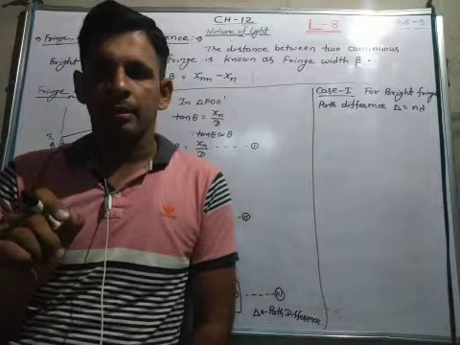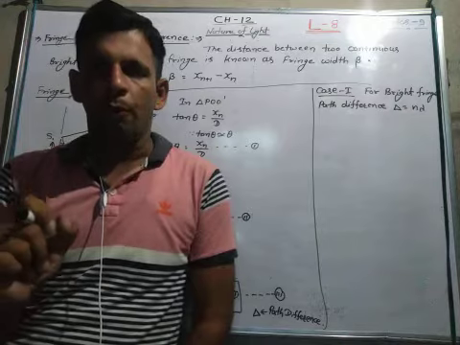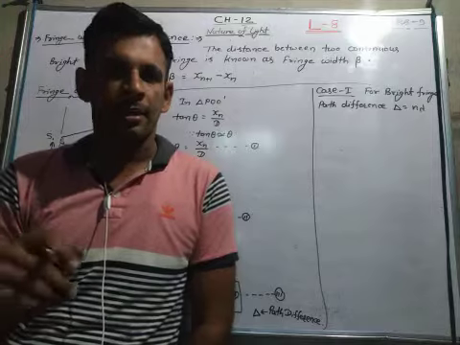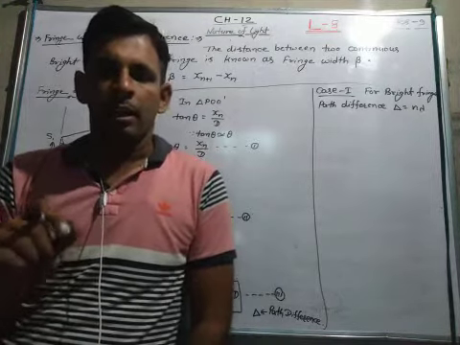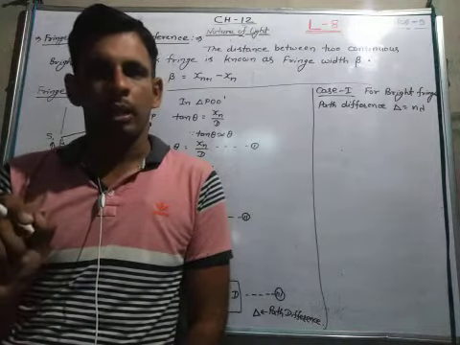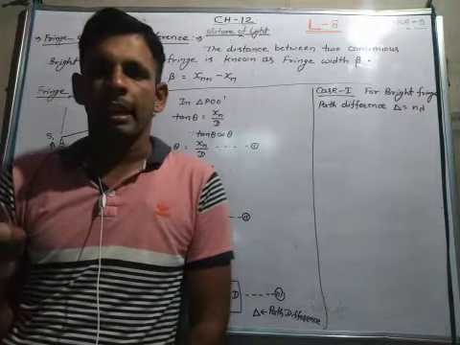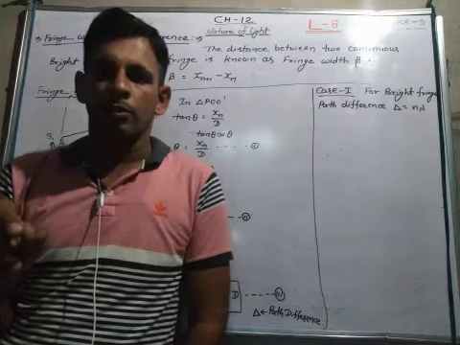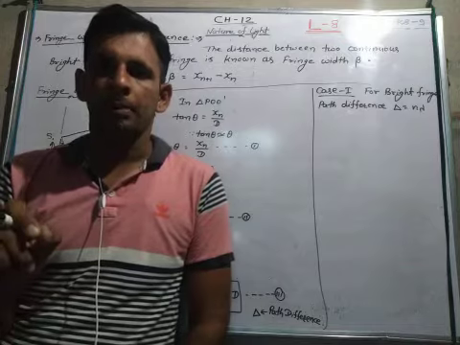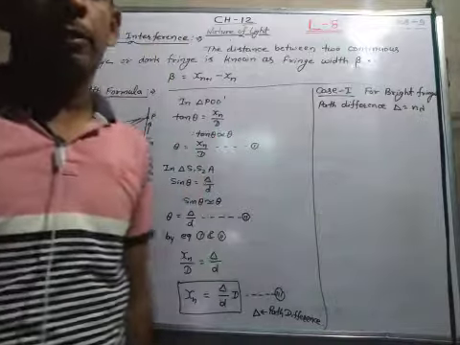In constructive interference, we take path difference delta equal to n lambda, a complete multiple of wavelength.